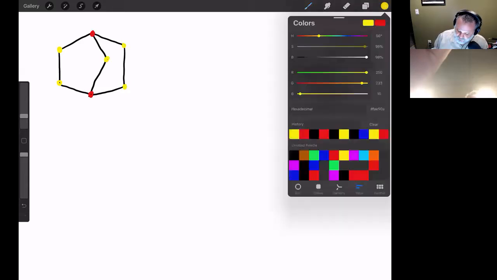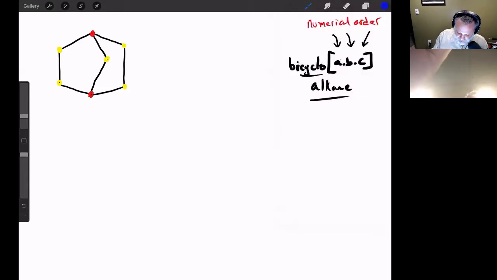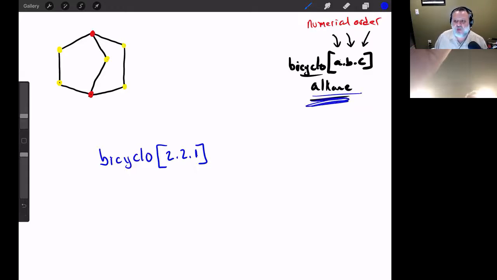So the numbers A, B, and C in this order are going to be 2.2.1. And so this is bicyclo 2.2.1. Now the little bit we have to figure out is, what is the alkane name?